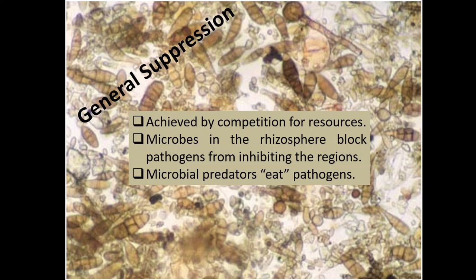Additional control may be achieved by microbial predators such as protists, bacterial-feeding and fungal-feeding nematodes that are attracted to the rhizosphere by root exudates and microbial activity.